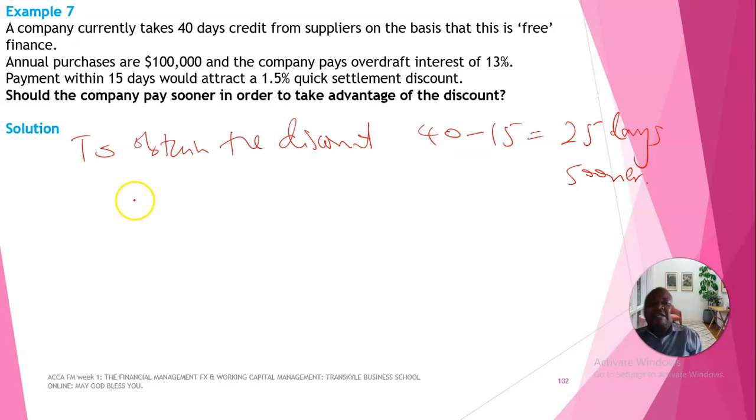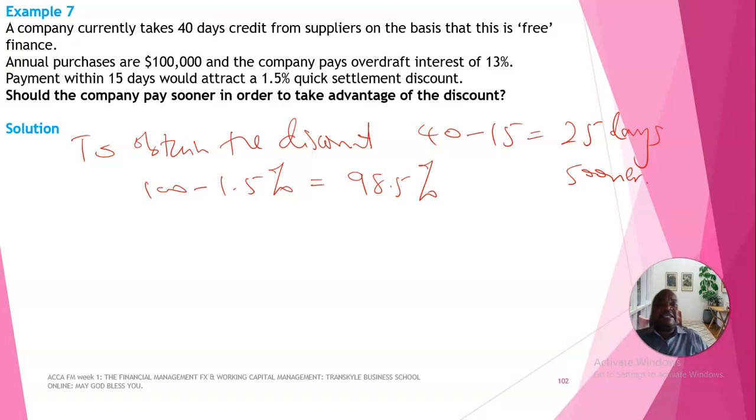And this means that instead of paying 100%, they are only going to pay 100 minus 1.5, which is the discount. This comes to 98.5%. So they are only going to pay 98.5%, right? Provided they pay 25 days sooner.